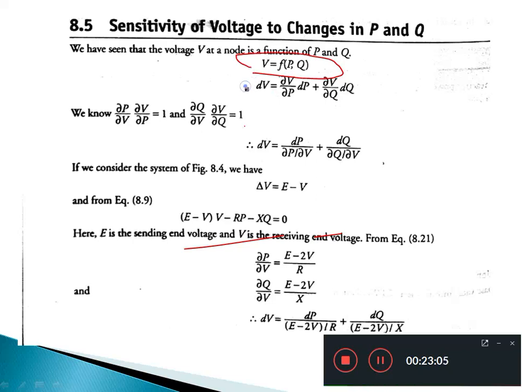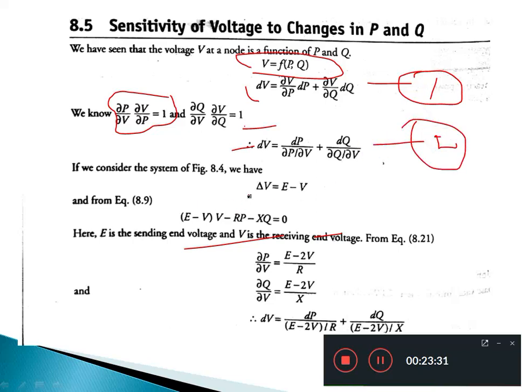Differentiate this: dV equals dou V by dou P into dP plus dou V by dou Q into dQ, where dou P by dou V into dou V by dou P equals 1, and similarly for reactive power. Therefore dV is equal to dP divided by dou P by dou V. Just rearrange this equation 1 and you will get equation 2.